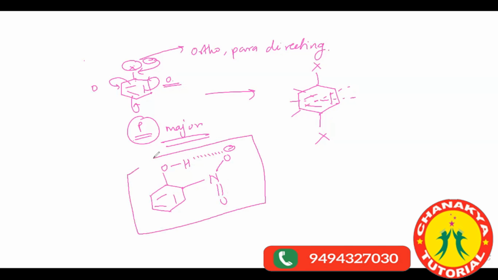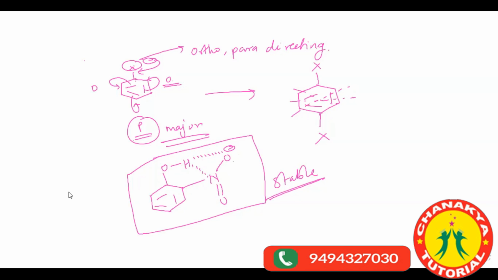Because of this hydrogen bond, your molecule becomes more stable. And because of this stability, the yield of this particular compound would be increased. Clear? This hydrogen bond can happen with any electronegative atom present in the adjacent group. It can happen with oxygen, even with nitrogen, but at a time only one. Both cannot be possible. Okay?